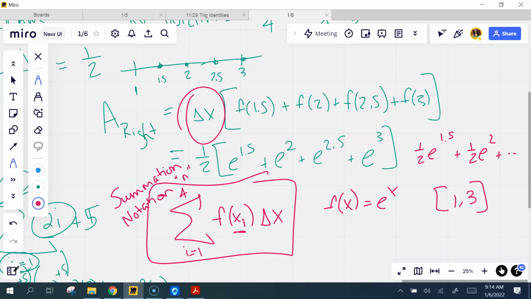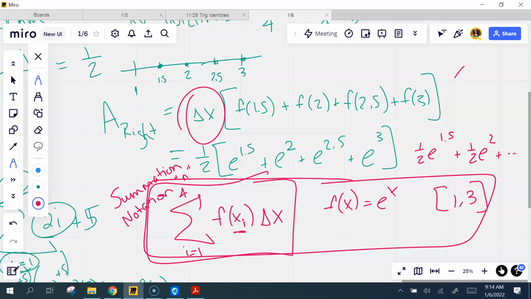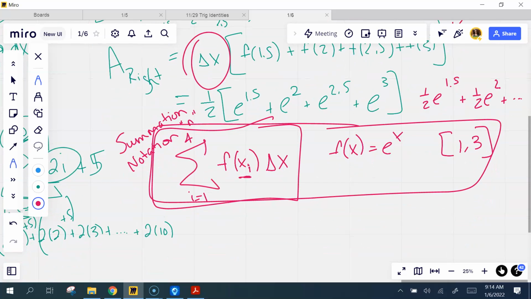All of this would need to be given to you, and then you would jump straight to here. It's not i equals 1 with 4 subintervals, it's saying x sub 1 plus x sub 2, x sub 3. Well, x sub 1 would be when x is 1.5.